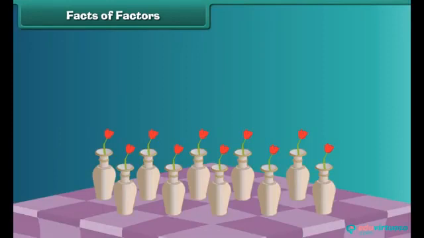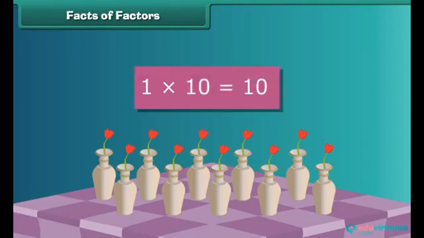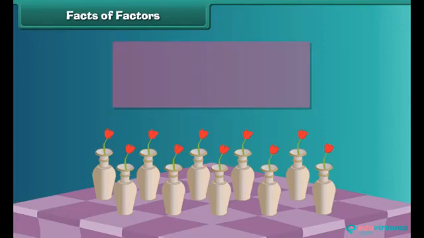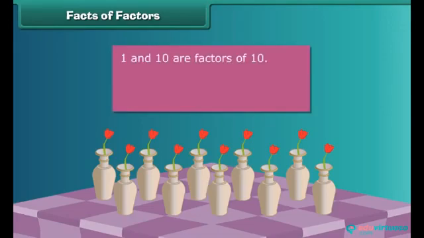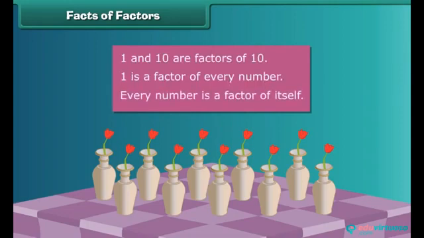She places the roses one each in 10 vases. We can express this arrangement as 1 multiplied by 10 is equal to 10. 1 and 10 are factors of 10. 1 is a factor of every number. Every number is a factor of itself.